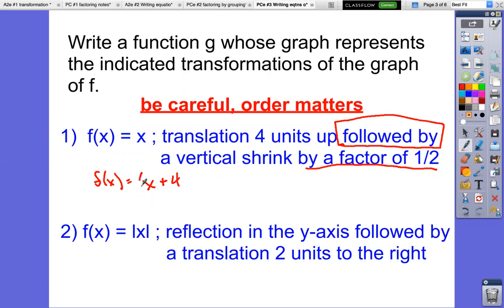Which means I take this entire quantity and I multiply the entire quantity by the factor. So my answer is, and it said write a g function, I wrote it as f, I have a bad habit of doing that, is 1/2 x plus 2. So it goes to everything. Any questions?